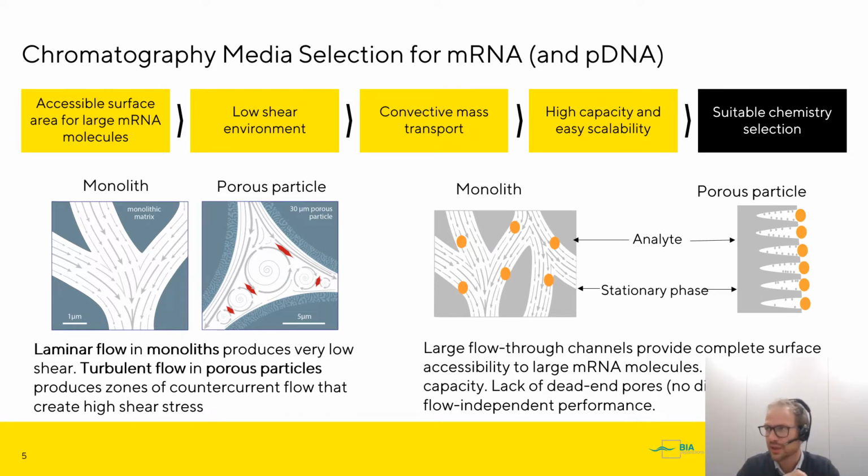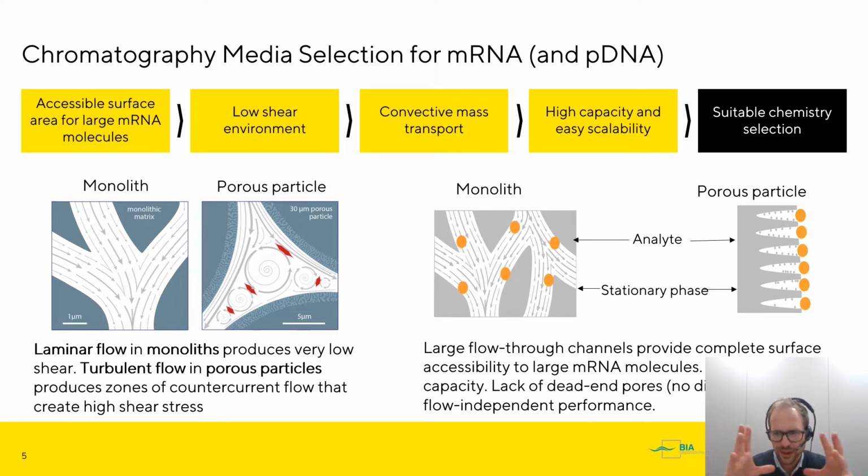Another factor is that porous particle binding depends on diffusion. And as we saw earlier, diffusion for a molecule the size of mRNA is extremely slow. So taken together, purification of mRNA requires different chromatographic media.